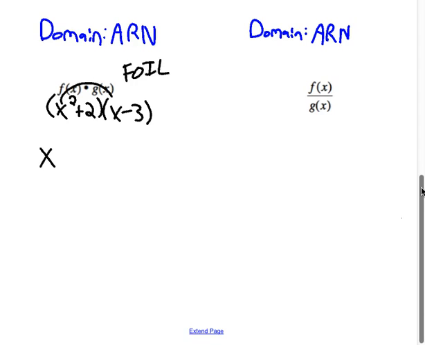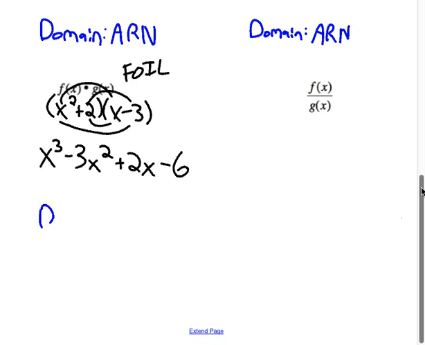I get x cubed minus 3x squared plus 2x minus 6. So that's often going to be the case when you end up having to multiply two things together. A lot of times it could end up foiling out. This is, again, just a polynomial. So my domain is going to be all real numbers.